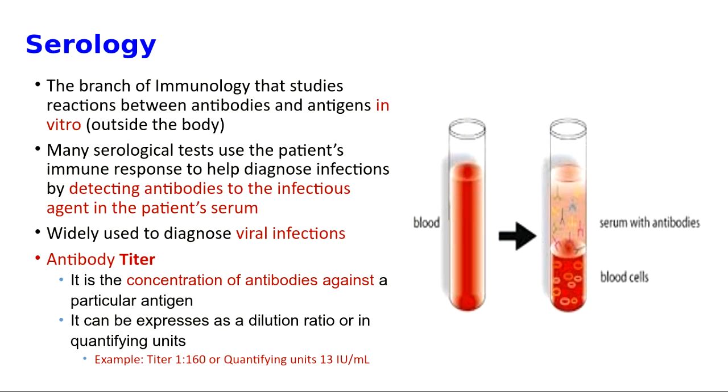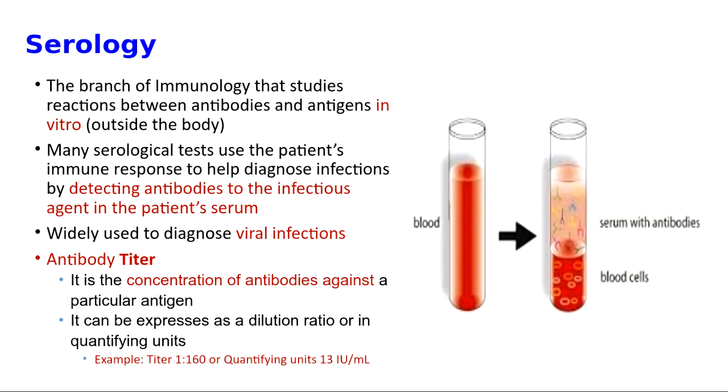Slide number 10 moves over to serology. Serology is an older name, but it is still around, and it is considered sort of a branch of immunology in which we use the presence of antibodies and antigen and their interaction to diagnose a patient. So if we want to find if a patient has been exposed to an organism, we don't necessarily have to find the organism. We just have to look for the antibodies against that organism.